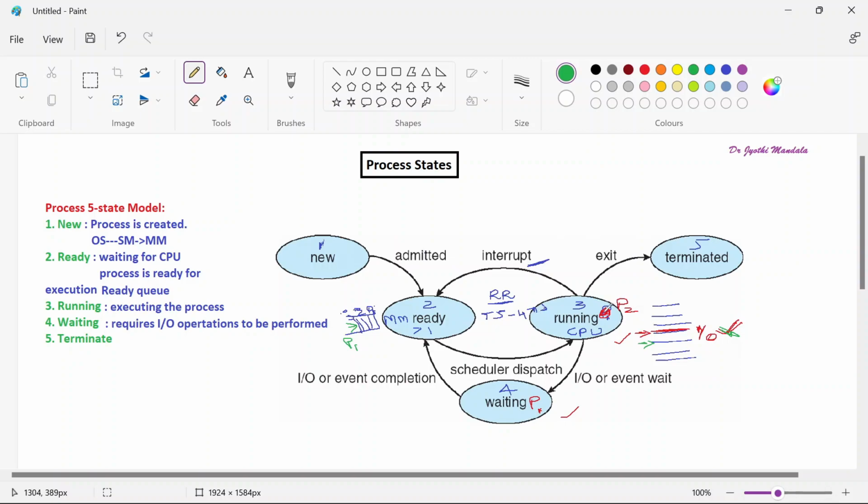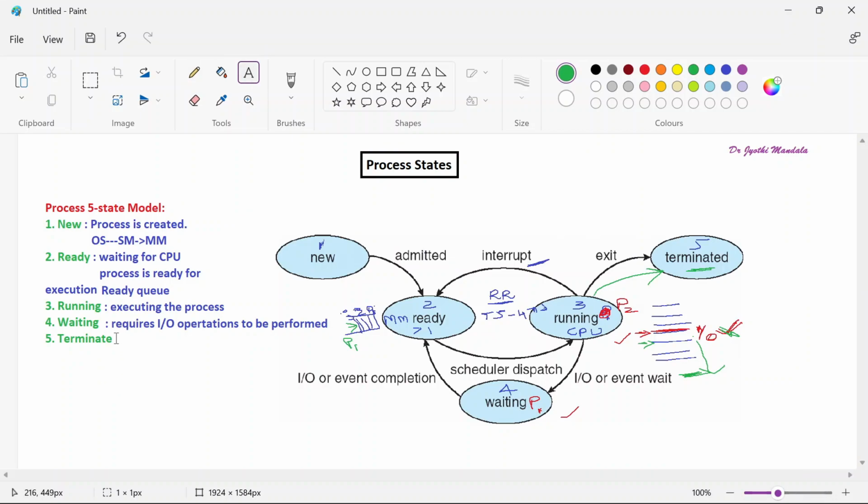Now after all the statements are executed, P1 got its chance and all the statements got executed. So it has reached the end, and no statements are left to execute. At that time, from the running state, if all the statements are done, the process will be moved to the terminate state, signifying the completion of its execution. That state is called the terminate state.